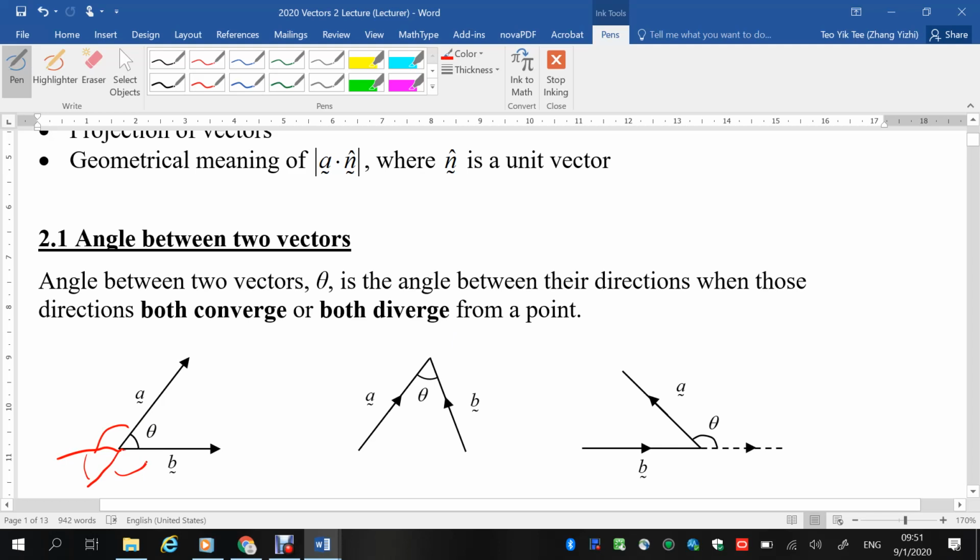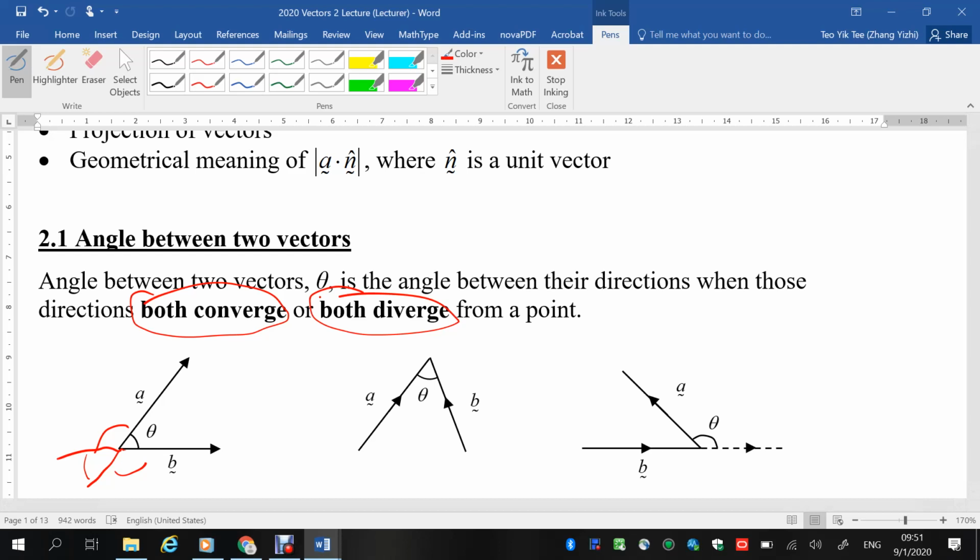Okay, so the convention that you must remember, if they ever ask you for the angle between two vectors, you must stick to this condition. Either your vectors converge to a point or diverge from a point. Then you can pinpoint the correct angle.